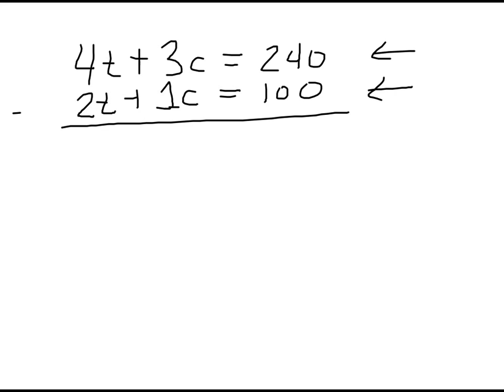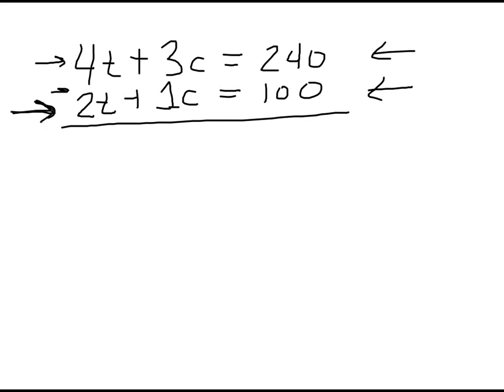So the first thing I need to do is find out how I can eliminate one of these variables. And the way that I do that is I'm going to take this formula here and multiply it times 2 so that t is the same on both of these equations.